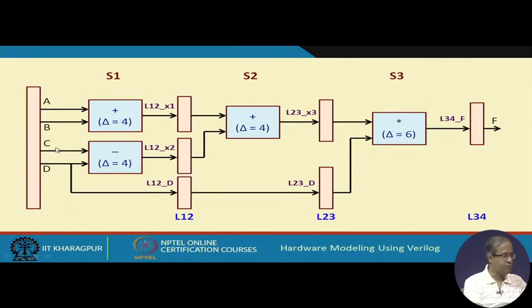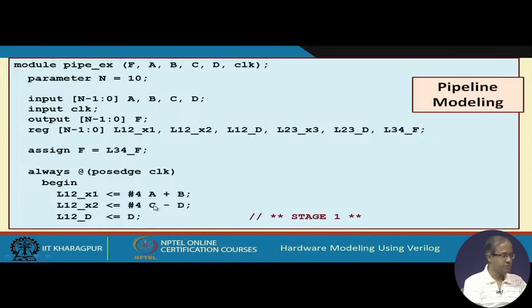Again after a delay of 4, C minus D will be stored here in L1 to x2, and D will be stored directly here, we are assuming there is no delay. In terms of the declaration, we are using non-blocking assignment: L1 to x1 assigned with a delay of 4 A plus B, L1 to x2 gets C minus D, and this gets D. These three statements constitute stage 1 of the pipeline.